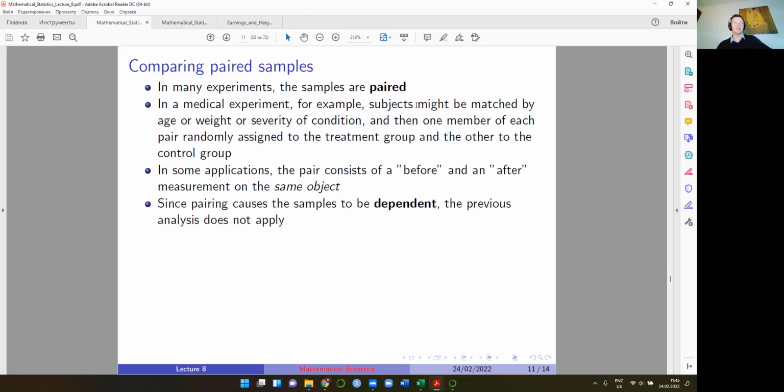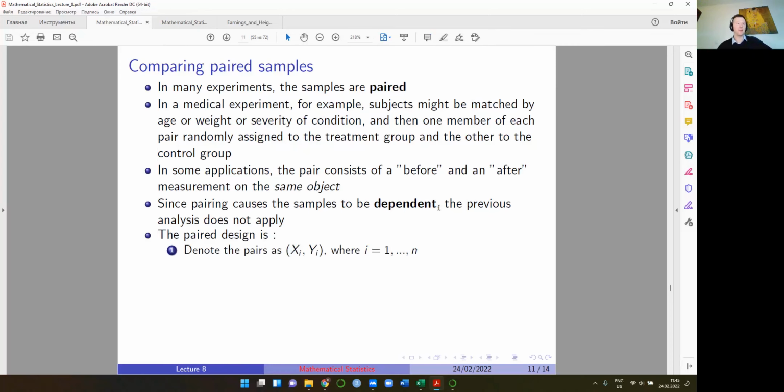For this paired sample, first of all, these samples are going to be dependent. So we fail the assumption which we made on the previous slides about the independence of samples, right? So the previous analysis does not apply. On the other hand, it's much simpler, and this analysis has much better applications.